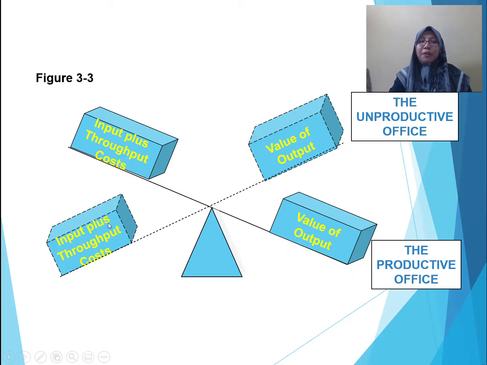For this one you use a lot of input and a lot of cost, but the value is small. If this one is up, it means you have a very small output. But for this one, you give only a few costs or inputs, but you produce a lot of output. This is what figure 3.3 is presenting.